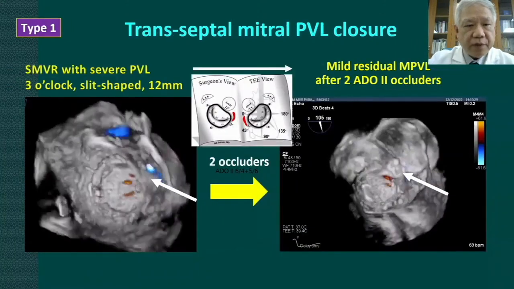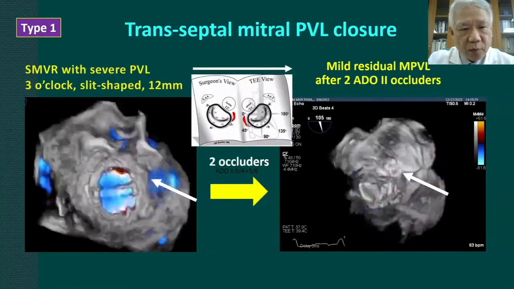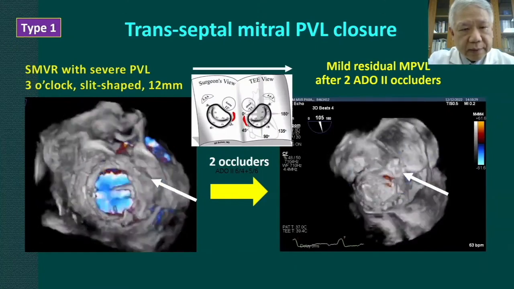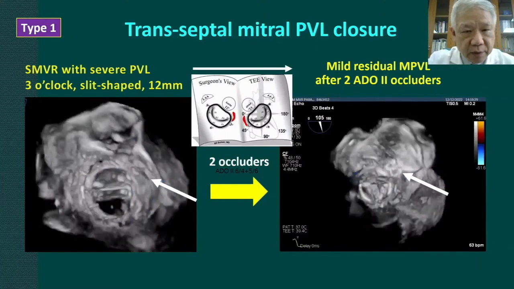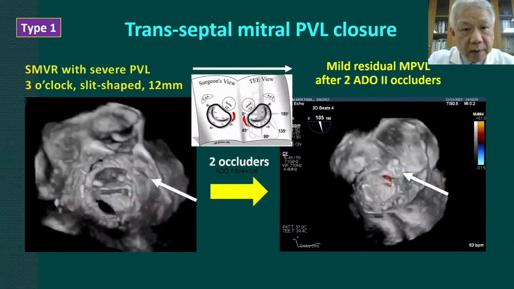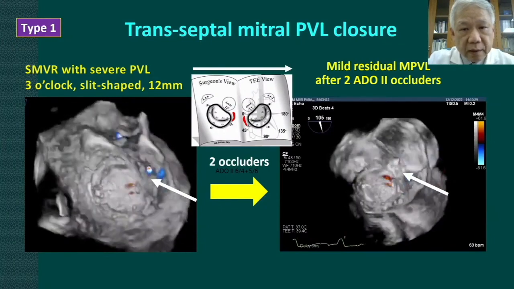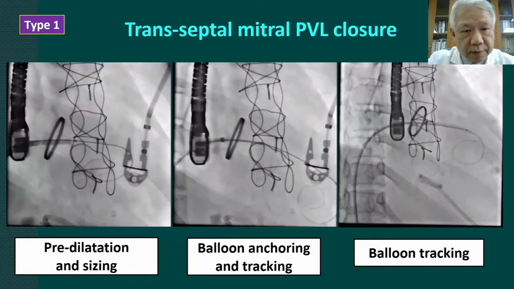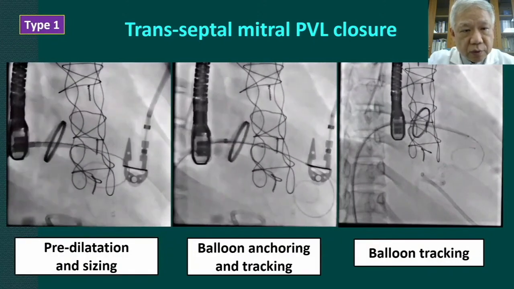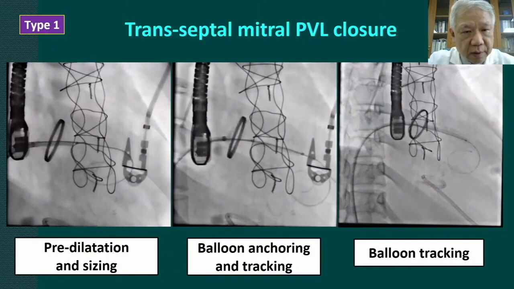This is another patient with a slit-like type 1 PVL at 3 o'clock direction. We use 2 occluders to seal the PVL.